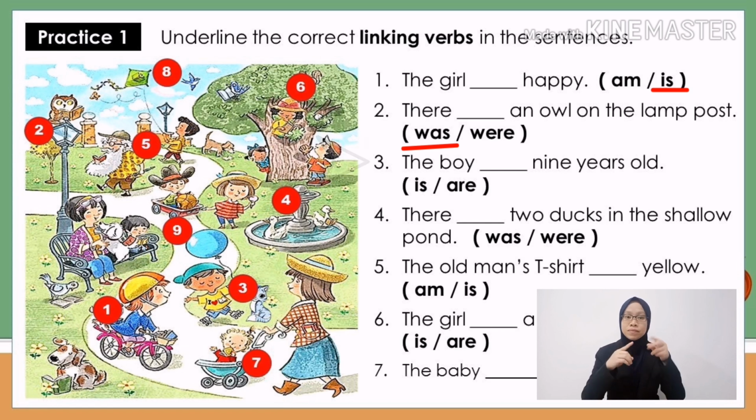The answer is is, because the boy means one boy. Number 4, it's a plural noun question. 2 ducks. So the answer is were. I think that's all for practice 1. You all may try the rest later.